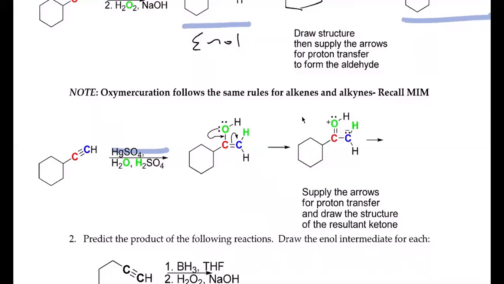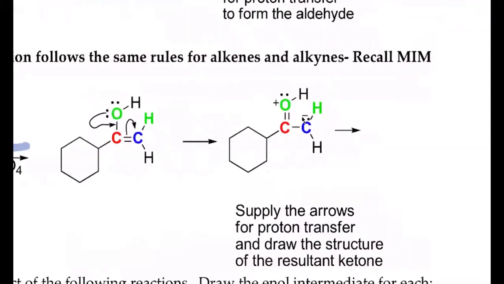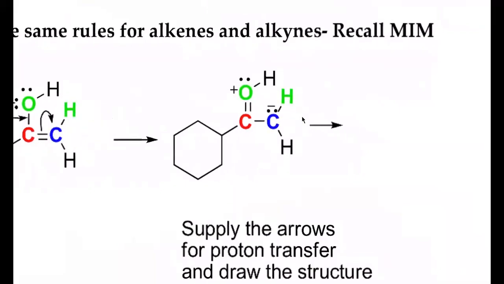Is the blue carbon going to have a hydrogen, and then the green oxygen is just going to be neutral? So you're going to pick up this proton right here. Is that what you're saying? Yes, and then break the OH bond like that. Yes.